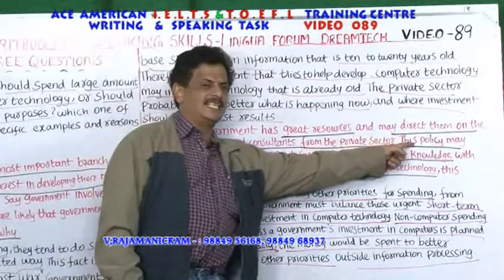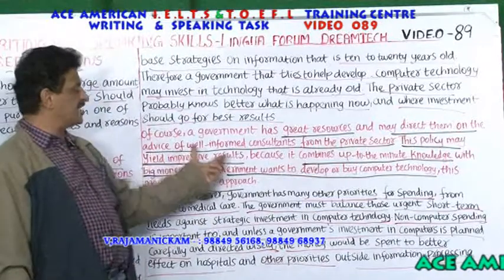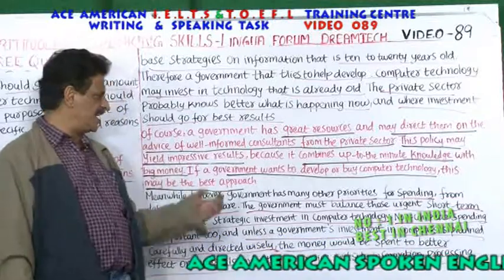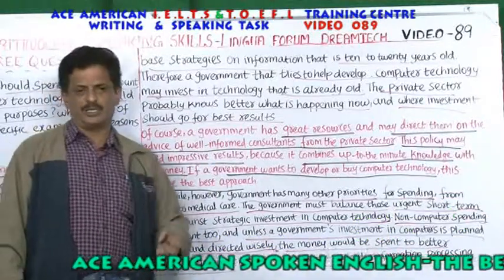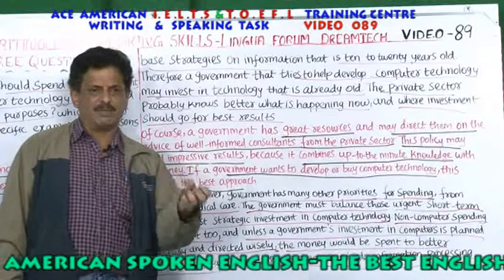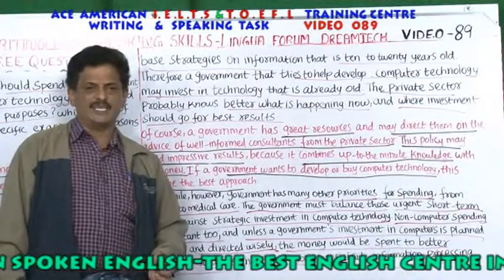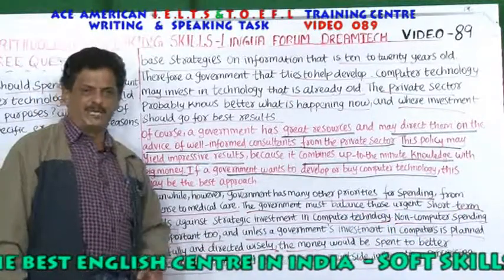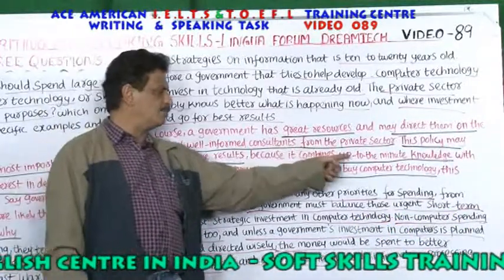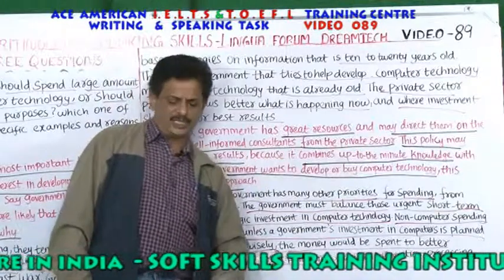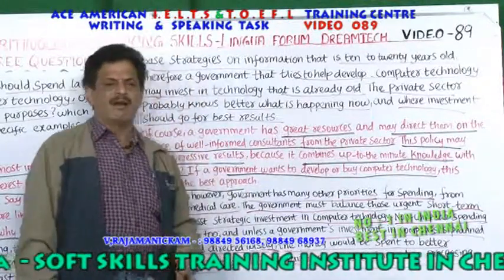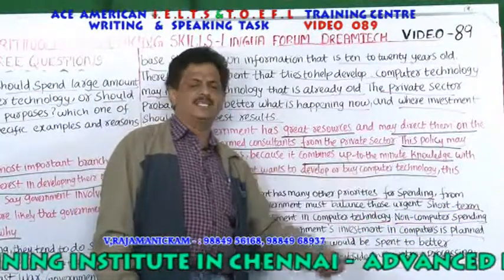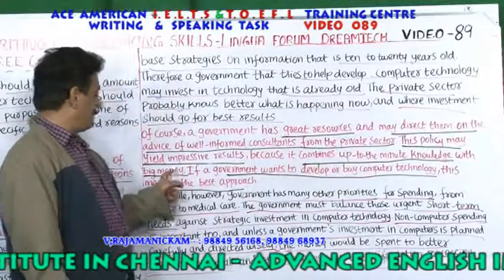This policy, இந்த திட்டம் may yield impressive results. ஈல்டு என்றால் என்ன, வழங்கும். இம்ப்ரெசிவ் என்றால் என்ன, மிக பிரமாதமான விளைவுகளை உண்டாக்கும். தனியார் துறையினரிடம் அறிவுரை பெற்று அரசாங்கம் அந்த பணத்தை கம்ப்யூட்டர் தொழில்நுட்பத்திலே செலவு செய்யும் பொழுது மிகப்பெரிய ஆதாயம் அரசாங்கத்திற்கு கிடைக்கும், மக்கள் பலன் பெறுவார்கள். Because it combines up-to-the-minute knowledge, ஏனென்றால் தனியார் துறையினரிடமிருந்து பெறக்கூடிய அந்த அறிவுரைகள் நிகழ்கால தொழில்நுட்பத்துடன் ஒன்றிணைந்திருக்கக்கூடியதாக இருக்கிறது with big money.